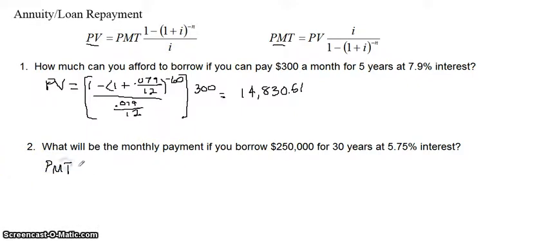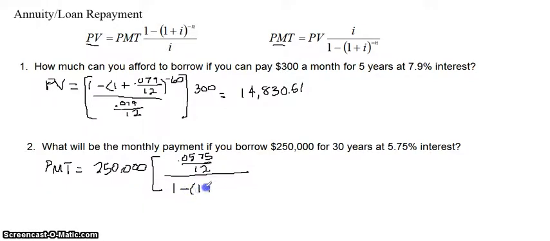So PMT equals PV, which is your loan amount, so $250,000, times I, which is 0.0575 over 12, over 1 minus 1 plus I to the negative n.